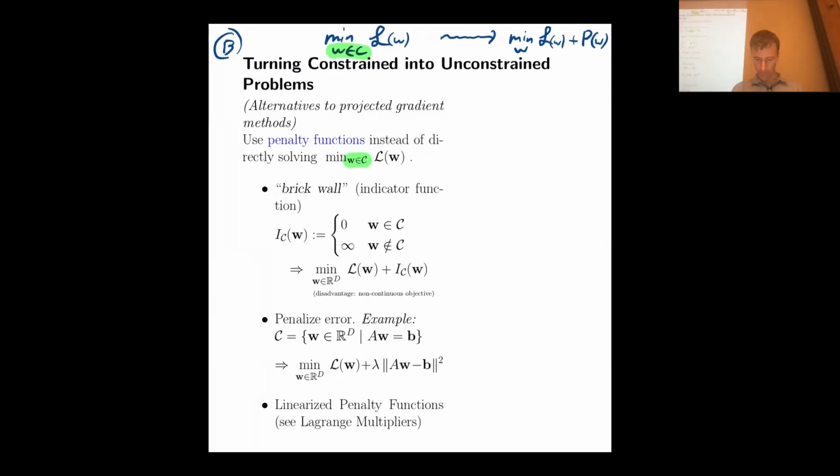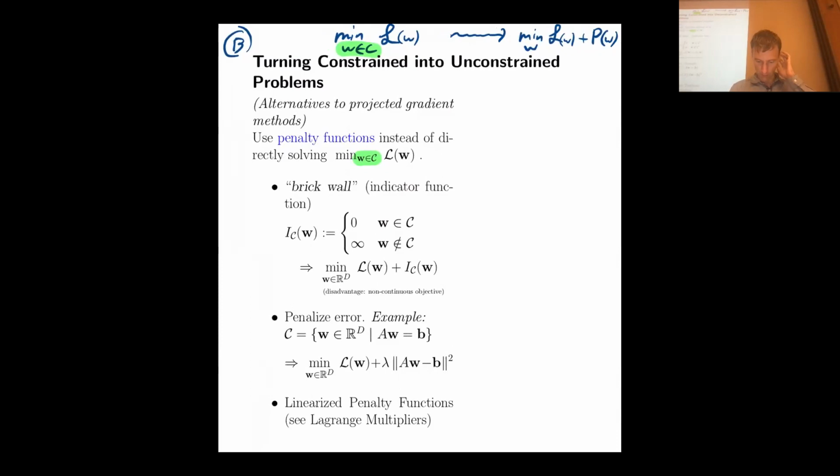And that's what we call these penalty functions. This is an example, and we will also briefly discuss it. So the first one I want to discuss is of theoretical interest only.